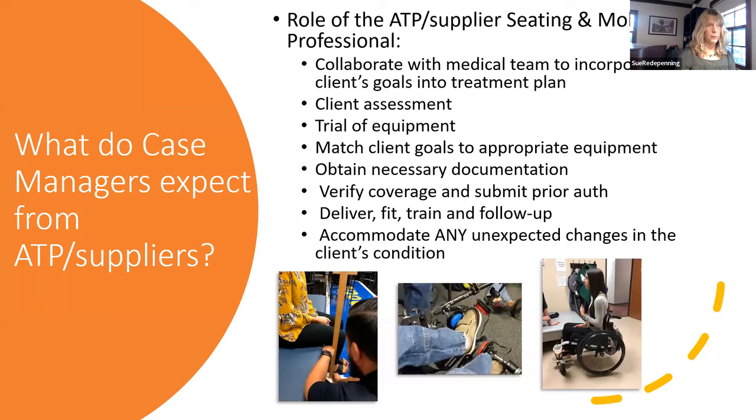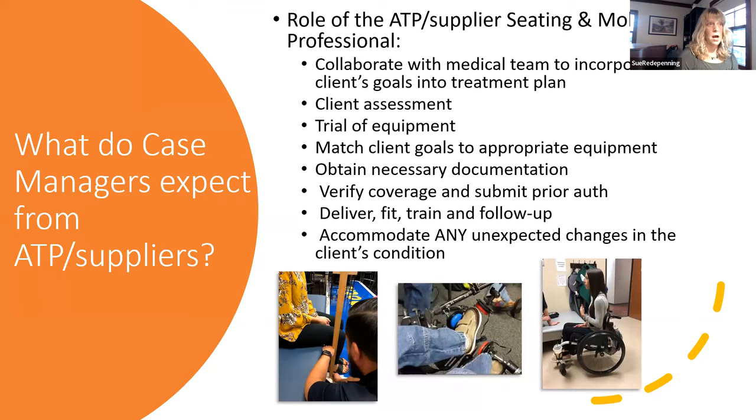Oftentimes people that we see don't understand how long this can take, especially if we're doing all the pieces the right way, how long the assessment piece takes, that we need to do some trials, that we're going to be working together as the OT or PT and the ATP to bring those out to fit the person.